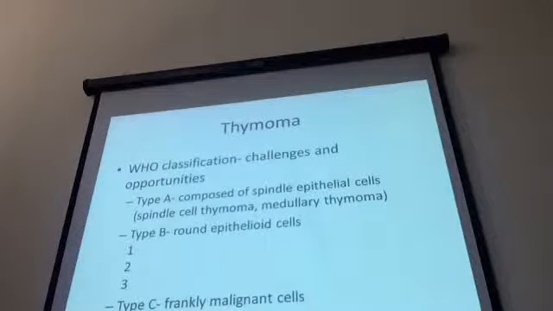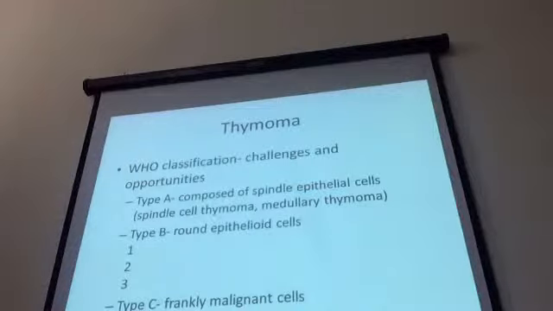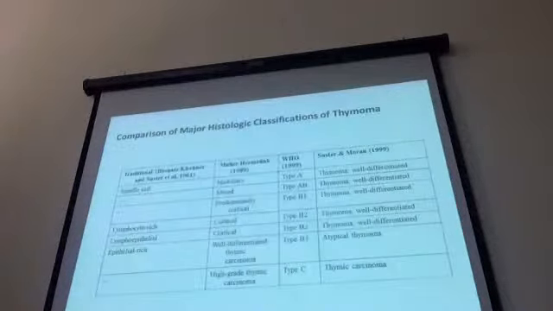And the other challenge with it is that there's not a lot of difference in outcome or behavior. So although there's different histology, it doesn't make much difference in outcome. So recognizing that, here are some of the other classifications that have been proposed.